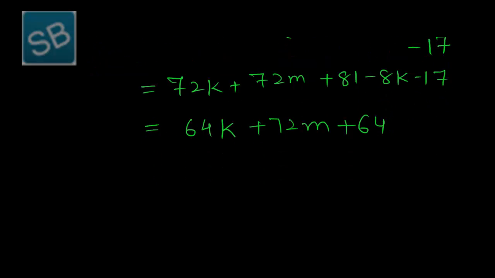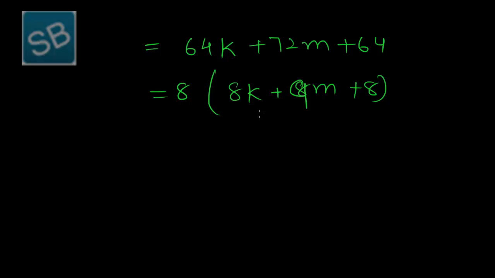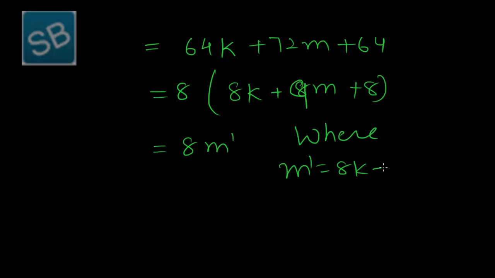So we get 8 as common and we remain with 8k plus 9m plus 8, as 9 into 8 is 72 plus 8. As k and m are natural numbers, this whole term is a natural number. So we replace it by m dash, where m dash is 8k plus 9m plus 8, which belongs to natural numbers.